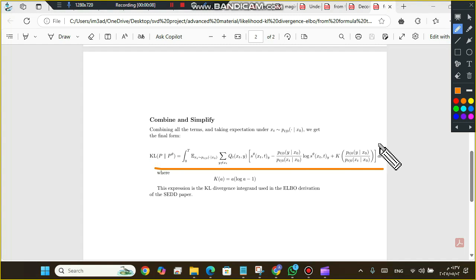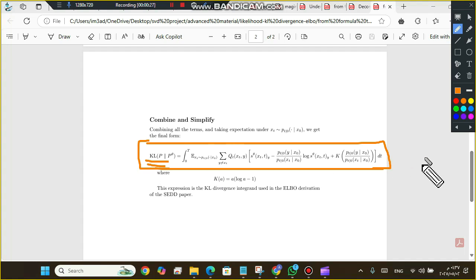I have done it myself, it's very easy. So once you do those two substitutions, you will end up with this formula for the divergence between the two processes, which is exactly the formula present in the paper and the formula which you have actually asked about.